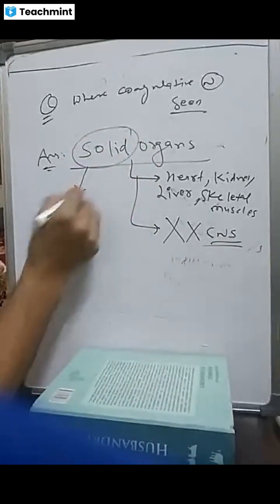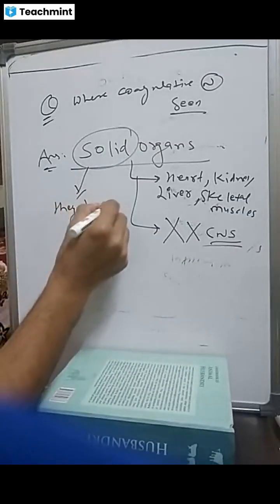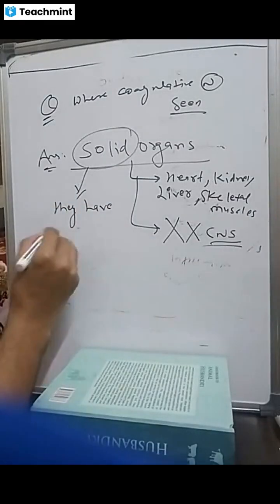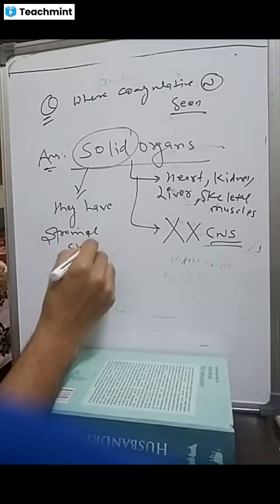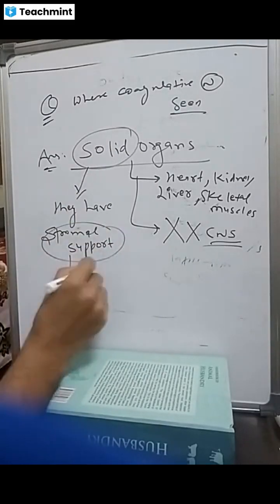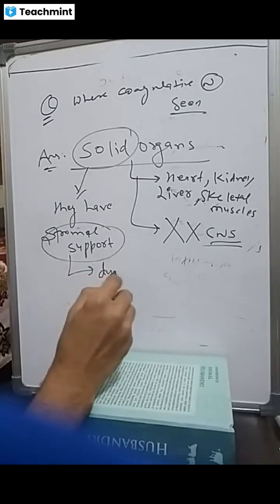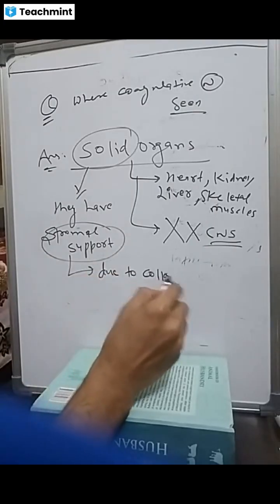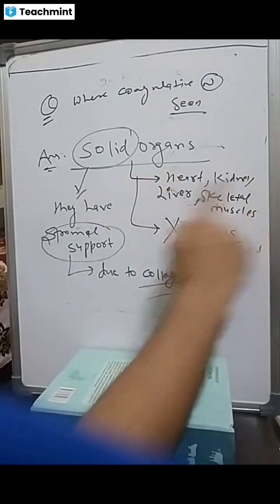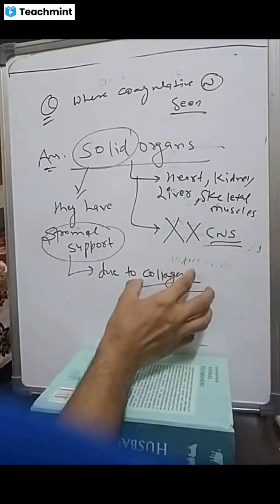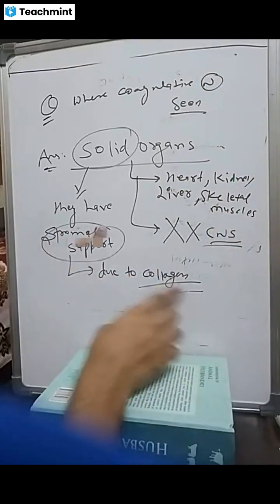Solid means they have stromal support, due to collagen. So heart, kidney, liver have collagen and stromal support. That's why they are called solid organs. But why is the CNS not called a solid organ?